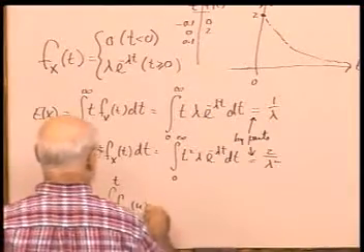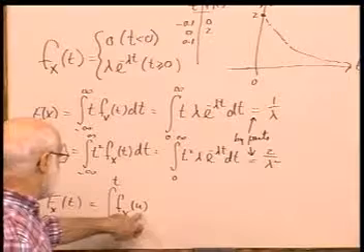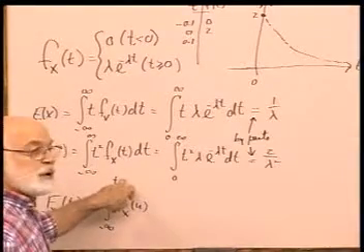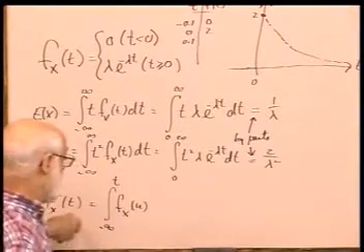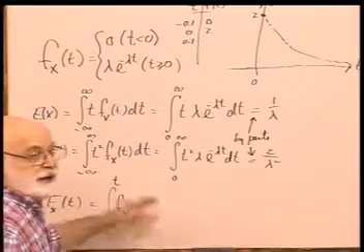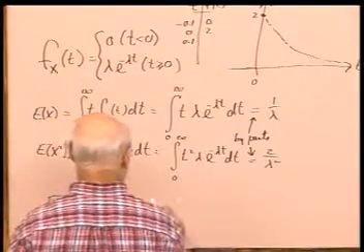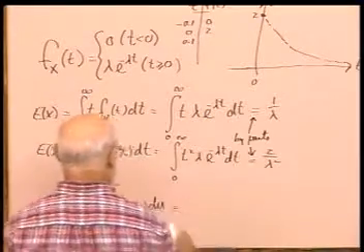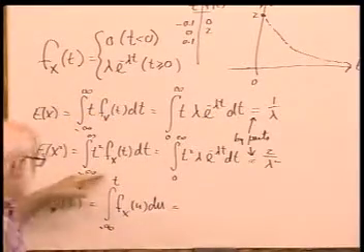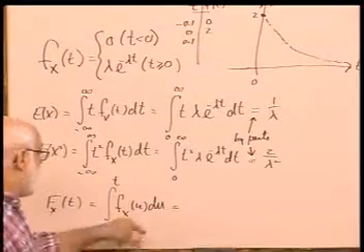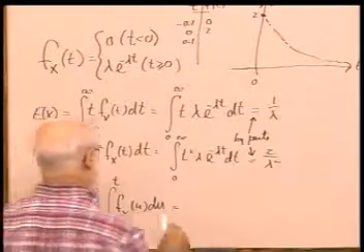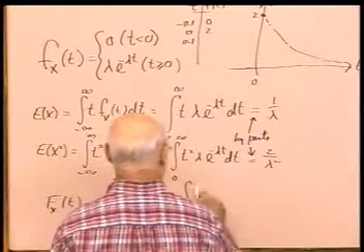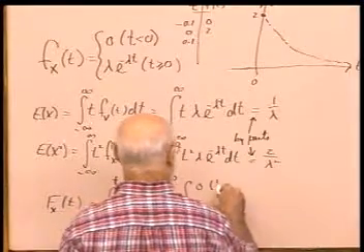Except now, I can't call the argument here t, because I'm using t as the upper limit here, or as the argument here. So I call it anything other than t, I tend to use u. So it would be density function at u du. Now, when t is negative, obviously this is 0 because this function is 0. So if I evaluate this integral, I'll find out that it's 0 when t is negative.